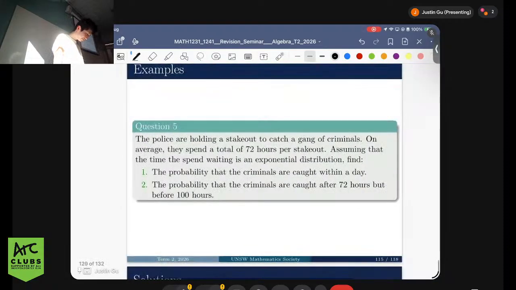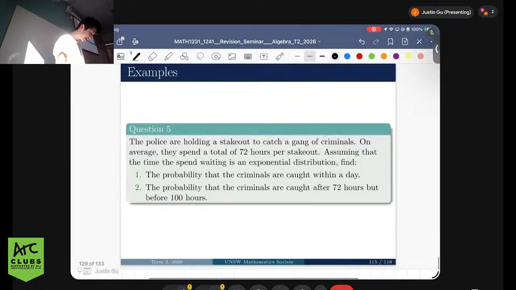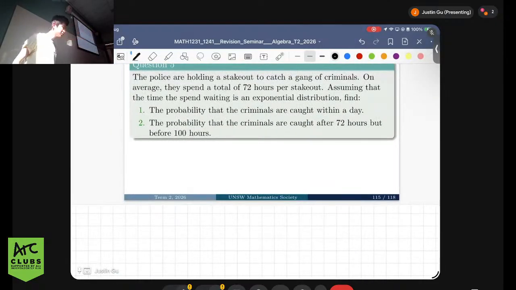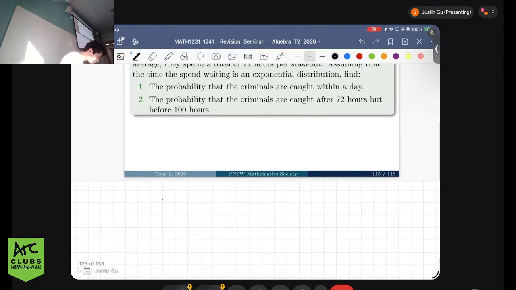Right? So, okay. The police are holding a stakeout to catch a gang of criminals. On average, they spend a total of 72 hours per stakeout. Assuming the time they spend waiting is an exponential distribution, find the probability that the criminals are caught within a day. So we want the probability. Okay, so let t be the time in hours.